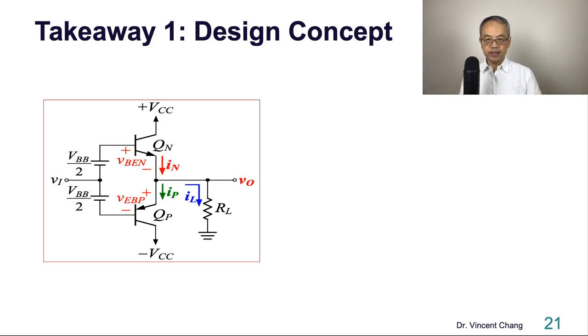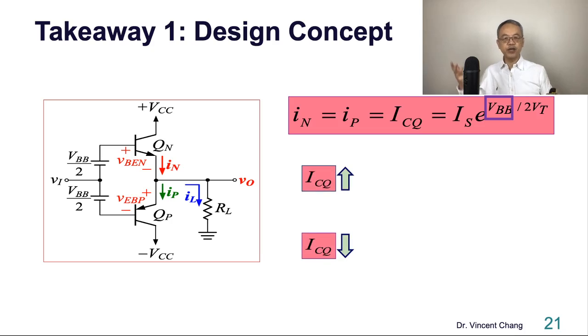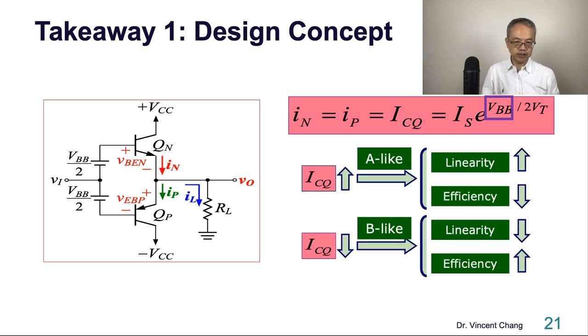So here are the takeaways. The first one, design concept. Very important concept. How to decide from the design perspective how to design the ICQ is the trade-off between linearity and efficiency.